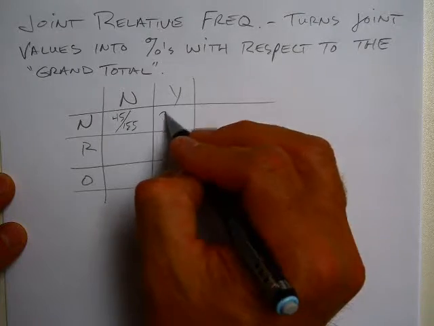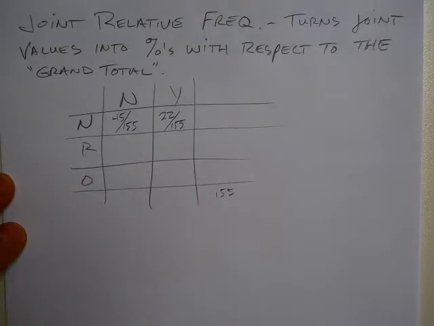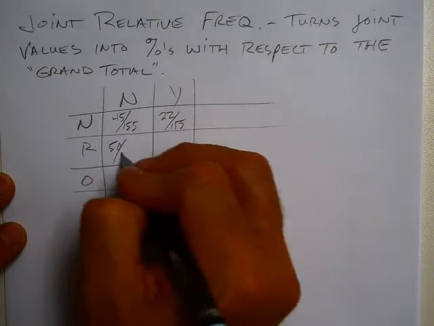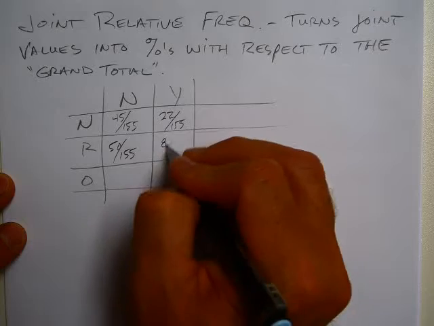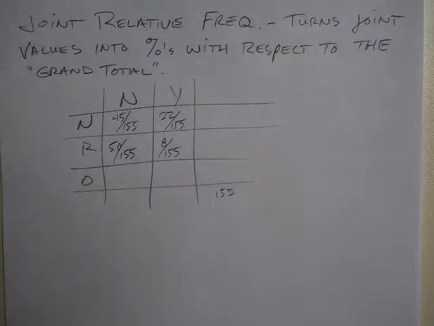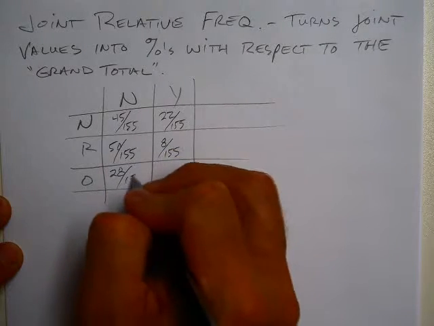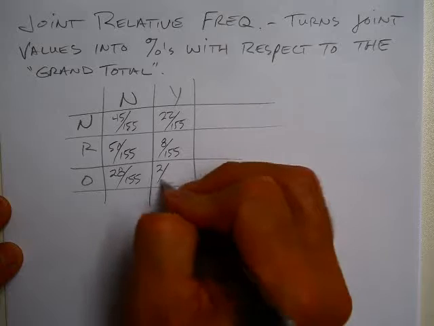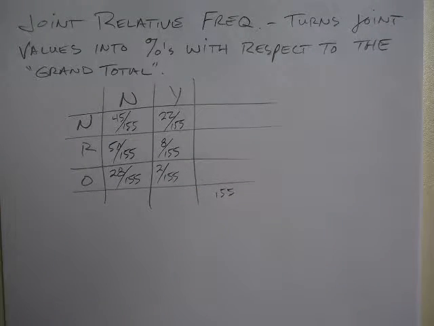And the yes would be 22 out of 155. And then we have 50 divided by 155. I won't get the decimals for you. I think that's wasting your time. I think you can do that if you need to. And then we would have the 28 over 155 and the 2 over 155. So we would turn those into decimals or percents.